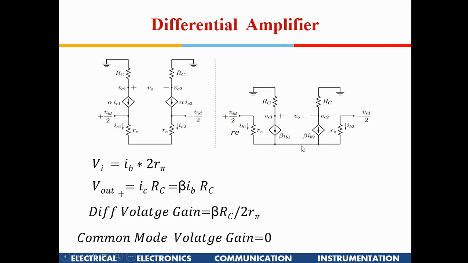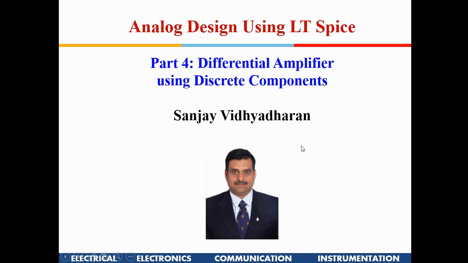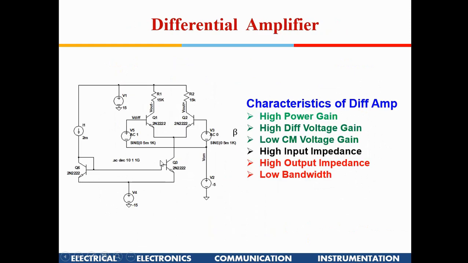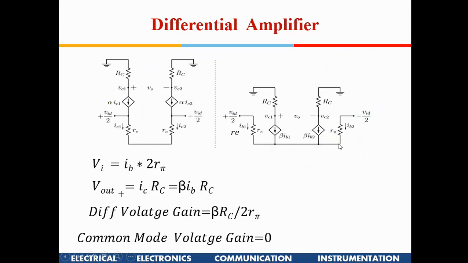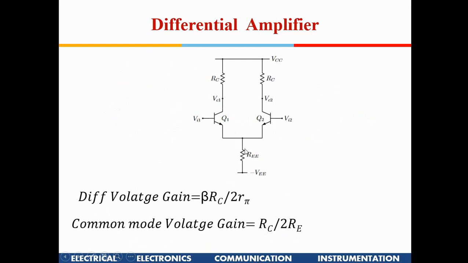That is when we assume this transistor has infinite R0. If it has infinite R0, there is no RE here and the common mode gain will be 0. But in all practical cases you will have an RE, the output resistance of the transistor which biases this with the tail current.